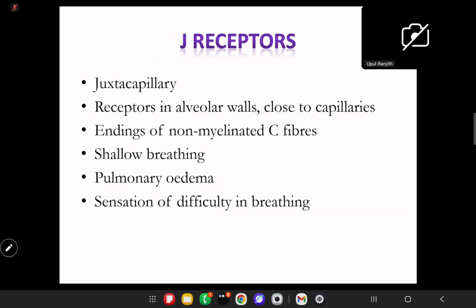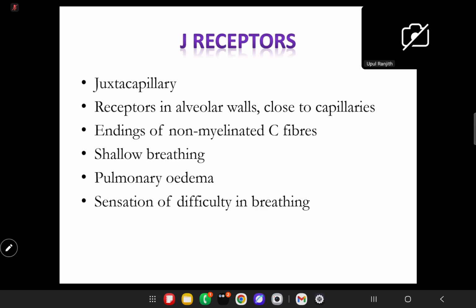Then there are J receptors. J means juxtacapillary because they are close to capillaries. Juxta means close to. Juxta receptors means they are close to capillaries. Then in the alveoli, the receptors in the alveolar wall are close to capillaries. They are endings of the non-myelinated C fibers.